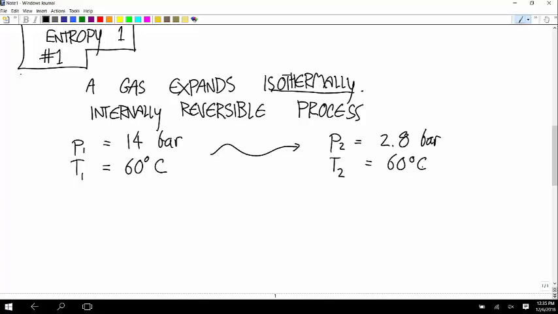Let's see. I don't think I have any of those values with me. Let's just go through it generally, see what we end up with.